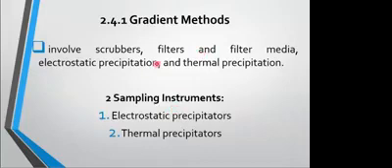These two are bigger instruments used for air quality, but the filters and filter media are for small scale only, and this one is for bigger scale, like filtering in industry, which uses electrostatic precipitators and thermal precipitators.